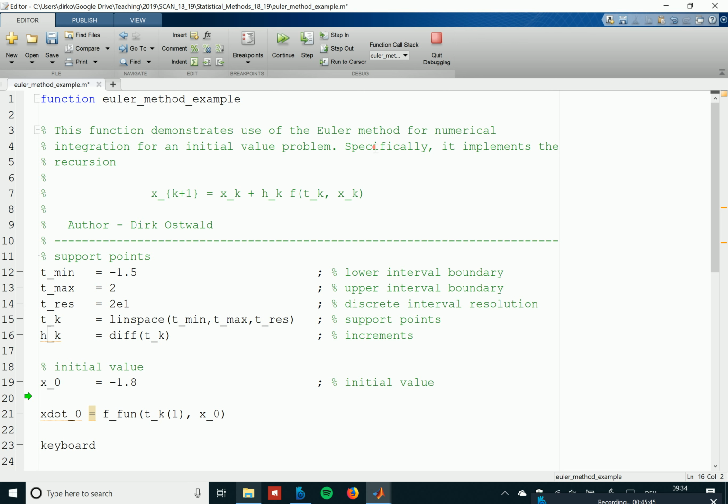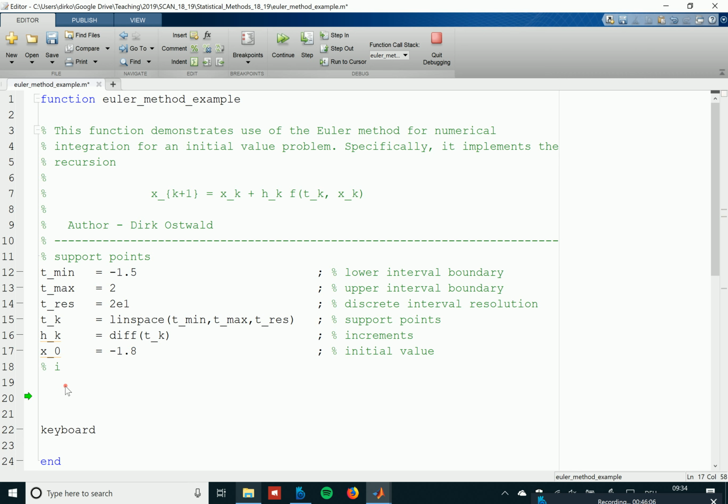So, and then one way I tend to do this is to initialize the array. So let's initialize this.